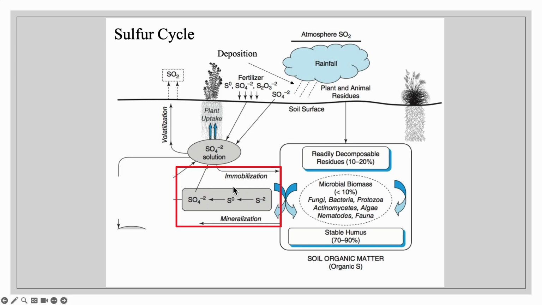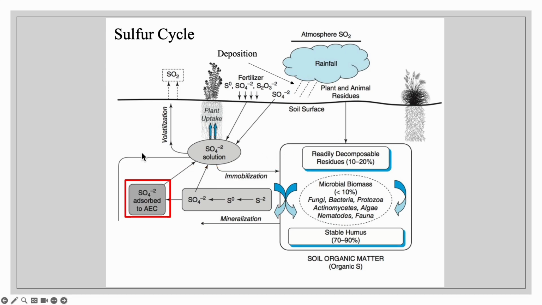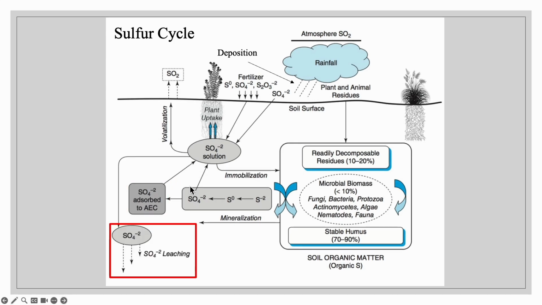Remember, mineralization and immobilization is the transformation back and forth between organic and inorganic based on the needs of the microorganisms in the soil. It can be adsorbed to the AEC. Once it is adsorbed, it is likely to be taken up by the plant, or it can be leached.